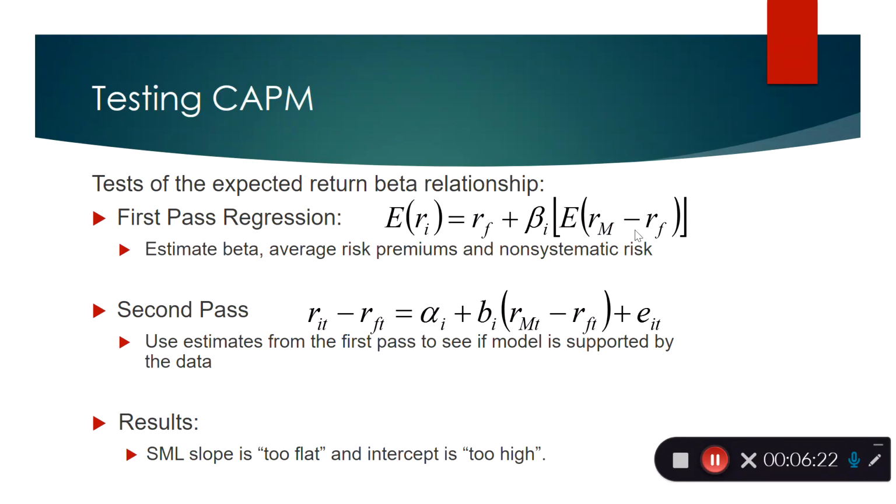Then in the second pass, you use those betas that you got from the first pass, and you go ahead and you estimate what actual returns will be, and you compare them. So step one, gather data about your stock and the market. Then plug that into a regression to estimate your beta coefficients. Okay.